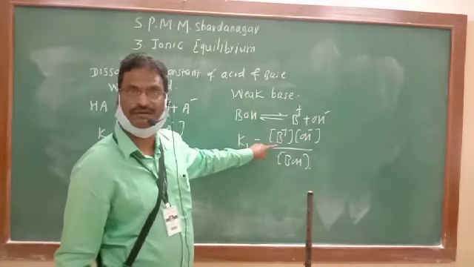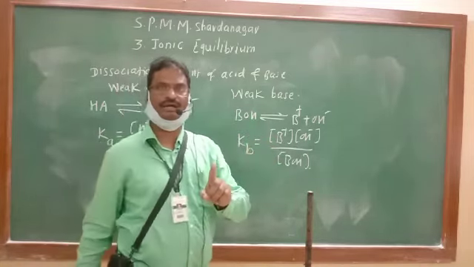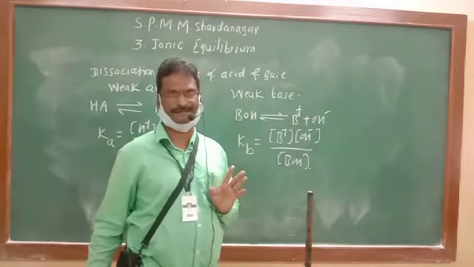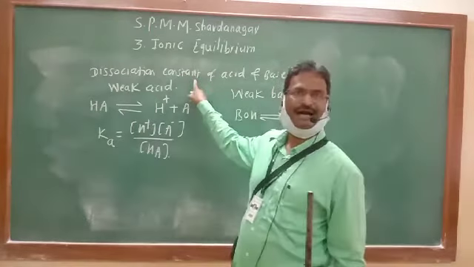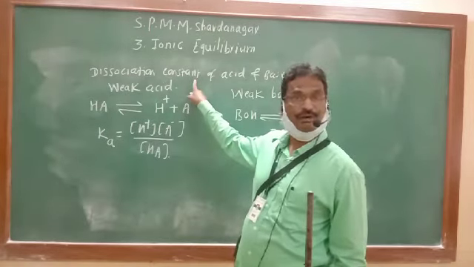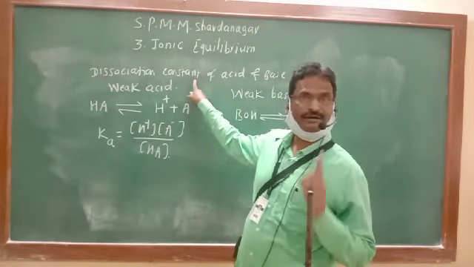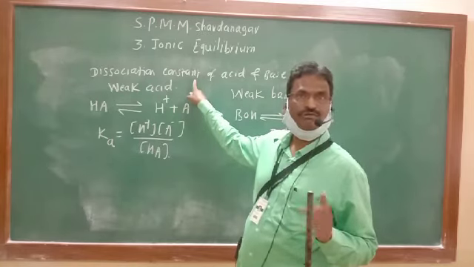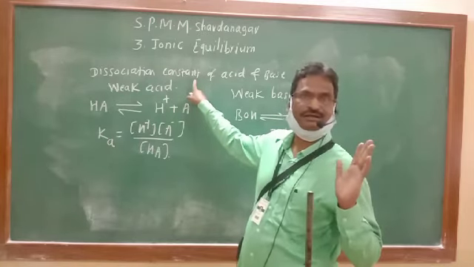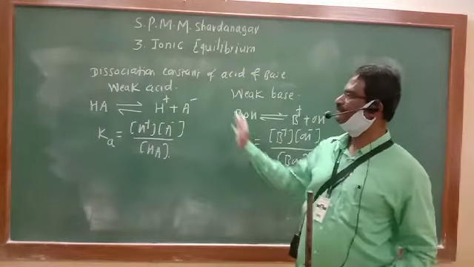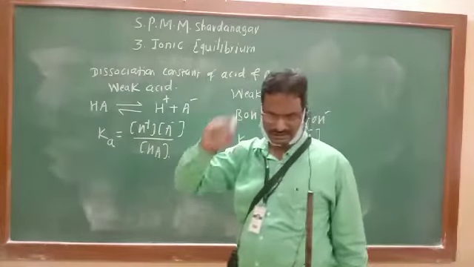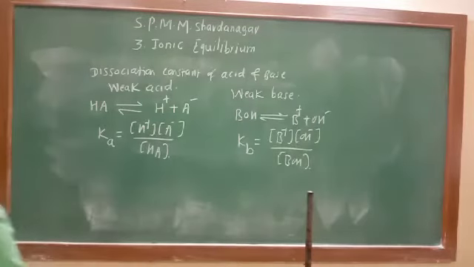Dissociation constant is therefore an equilibrium constant at equilibrium for a dissociation reaction. Therefore, dissociation constant can be defined as an equilibrium constant at equilibrium for the dissociation reaction of either a weak acid or a weak base.